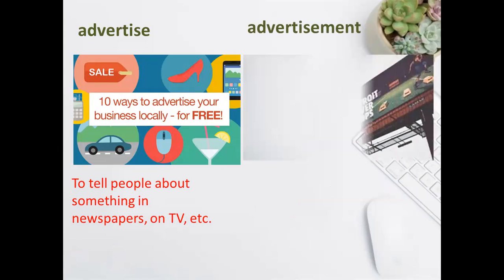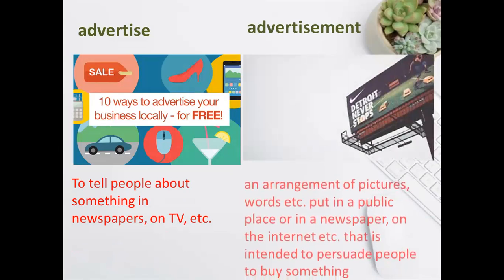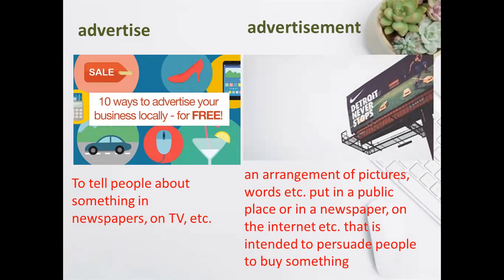Advertisement is the noun. Advertisement is an arrangement of pictures, words, etc., put in a public place or in a newspaper, on the internet, etc., that is intended to persuade people to buy something.